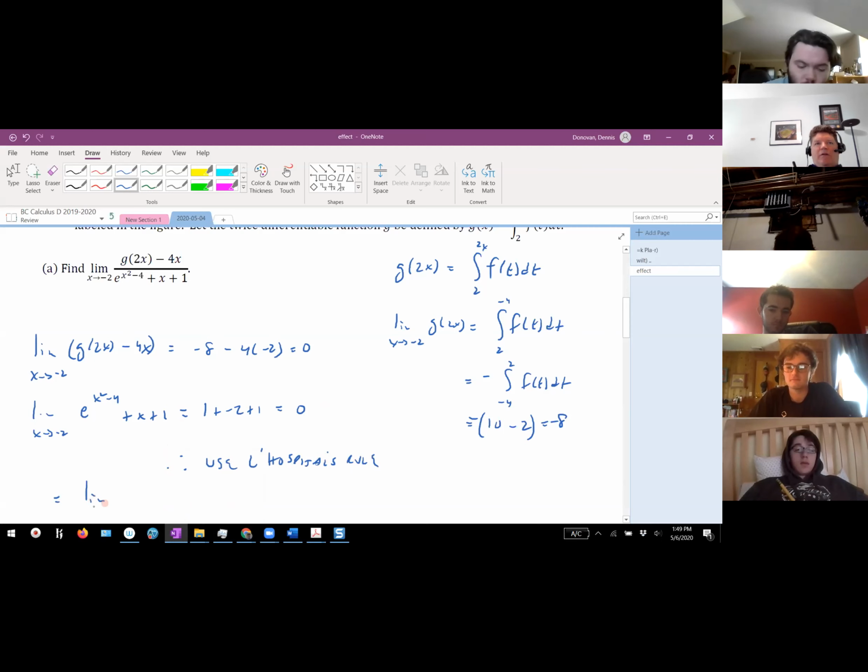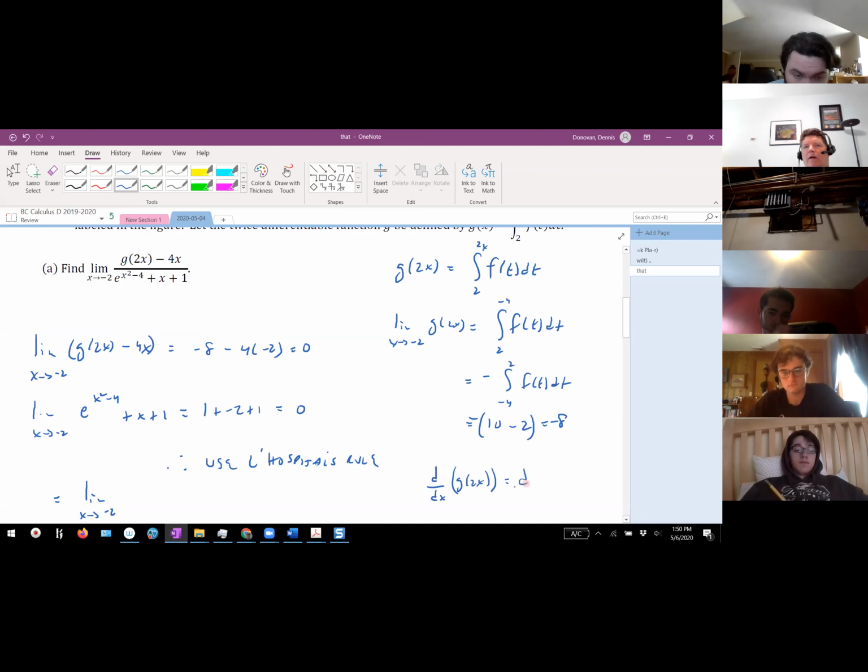So that limit is equal to the limit as x approaches -2 of, I have to take the derivative of g of 2x. 2g prime of 2x. Yeah, that ends up being a little more confusing than I want to do. I want to do it this way. We wrote out g of 2x is equal to the integral from 2 to 2x of f of t dt, right?